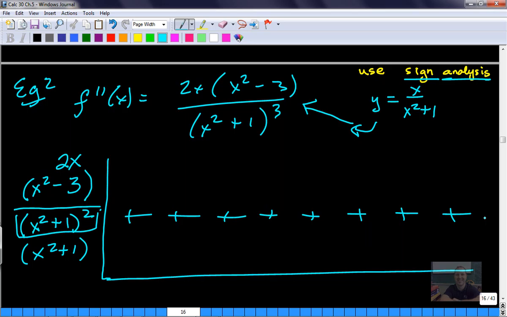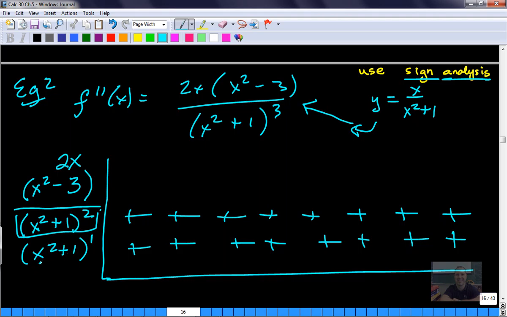And if you look over here now, this may be just easier to see: if you have an x value, no matter what it is, and you square it, that's going to be positive, right? And if you add 1 to an already positive number, you're never going to get a negative. So this is actually positive everywhere as well. The only thing you would check for is, is there an x value that makes this 0?